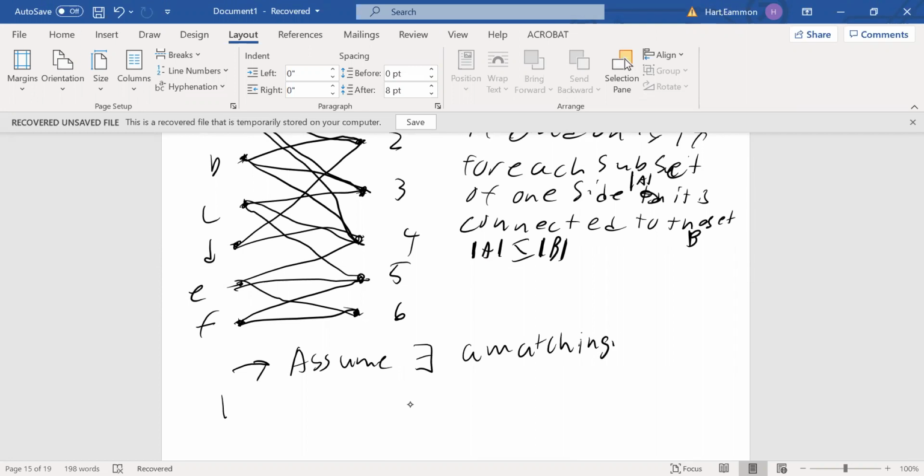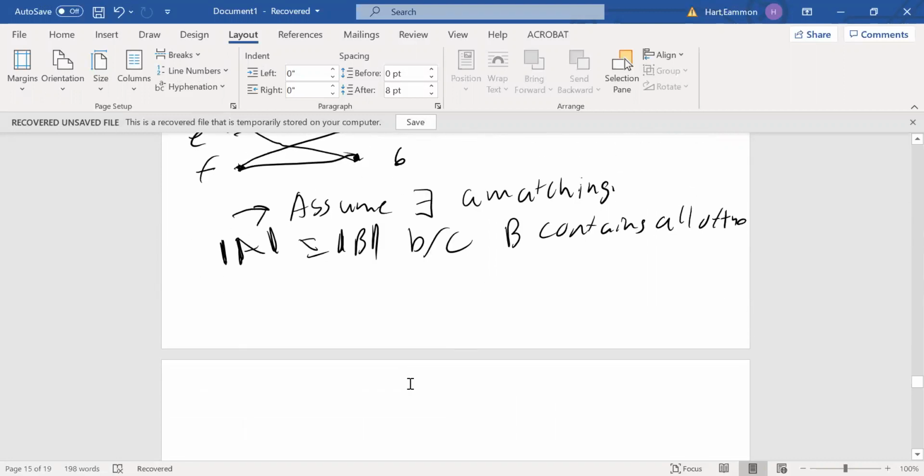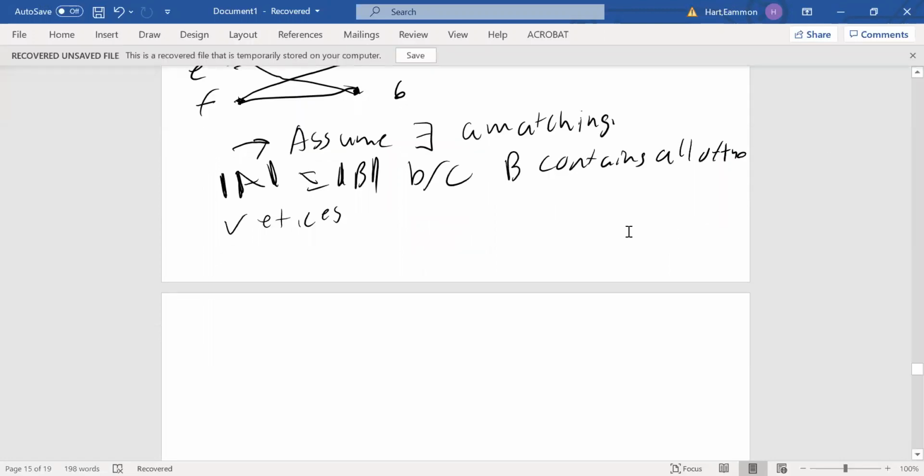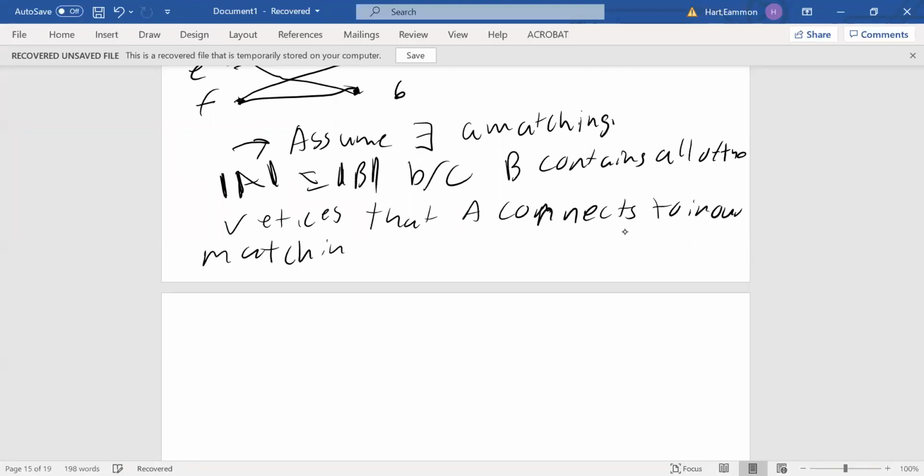Then the cardinality of A is less than or equal to the cardinality of B, because B contains all of the vertices that A connects to in our matching, plus possibly some others.